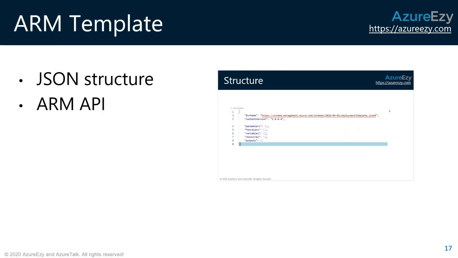There is a quick start template. We will be posting that link in the chat once our theory is complete. That quick start template will help you go through some of the already developed ARM templates, which have been released by Microsoft as an open source contribution, and you can actually start working with them.